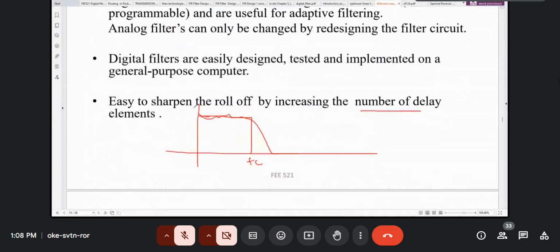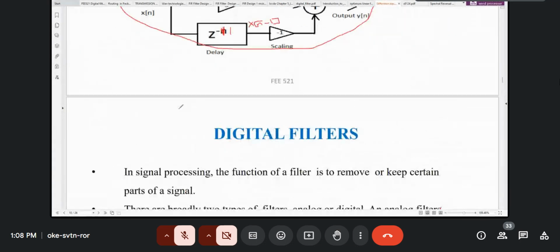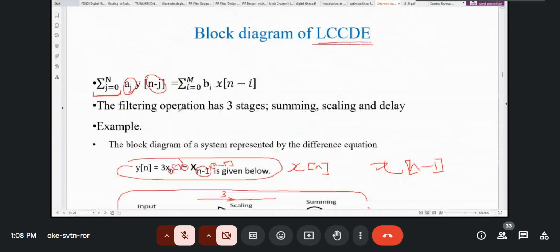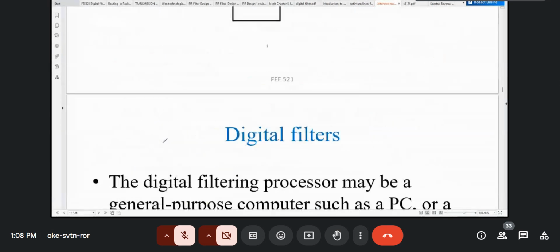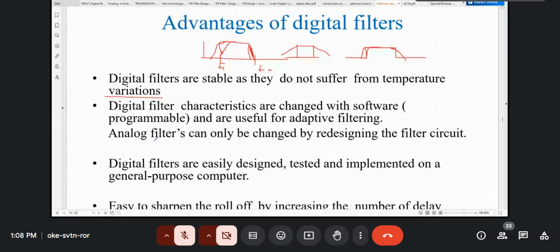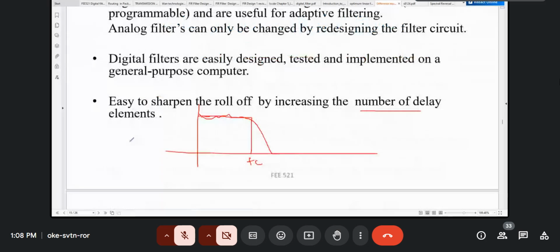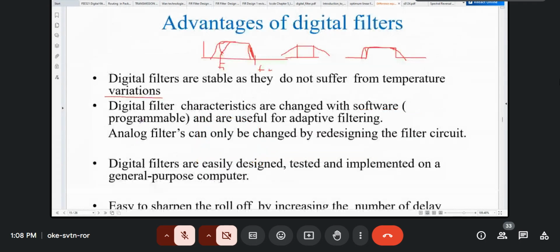It means these operations you are seeing here, all this to get that particular output y[n], must be done within a sample period. And this is a simple filter. That's quite a major disadvantage when it comes to digital filters.